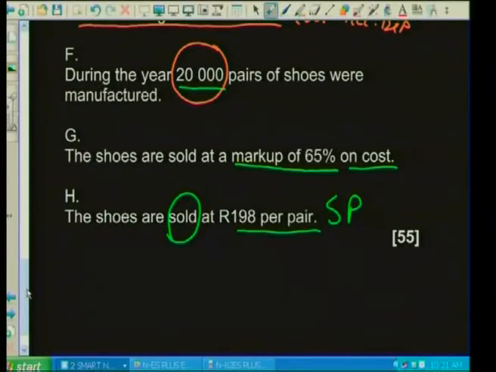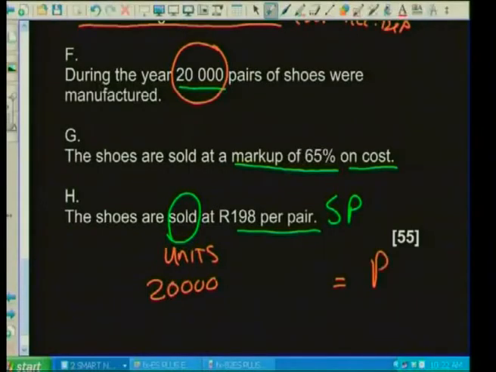I know that the business has manufactured 20,000 pairs of shoes. We are trying to calculate the total cost of production for the year, the cost of production in terms of your finished goods. So this is my units that were manufactured.